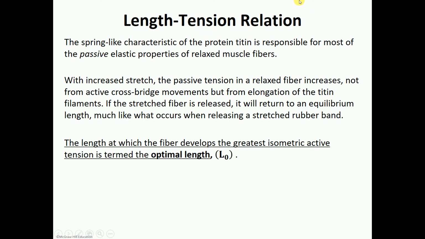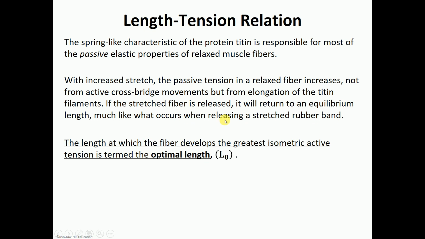Now for the length-tension relationship. That is the relationship between the length of the muscle fiber before contraction and the amount of tension that muscle can produce. Bodybuilders or weightlifters are trained to position their muscles in the best way possible to be able to carry those lifts or those weights.